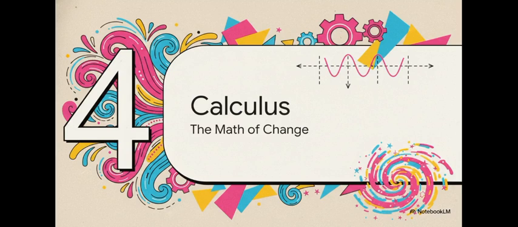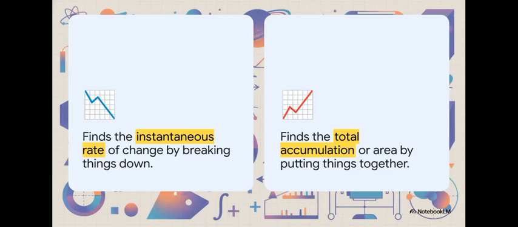Finally, Section 4, Calculus, the math of change. If algebra is our basic grammar, calculus is the advanced syntax required for our final lesson. To describe a universe that is in a state of constant motion, flux, and change, the crucial point is understanding the two sides of the calculus coin.